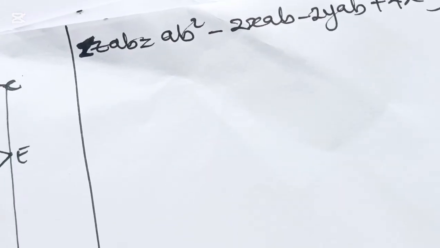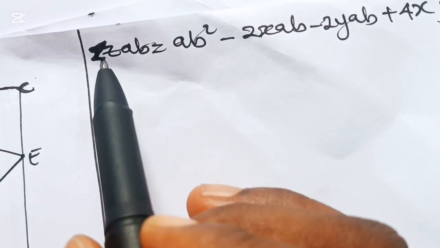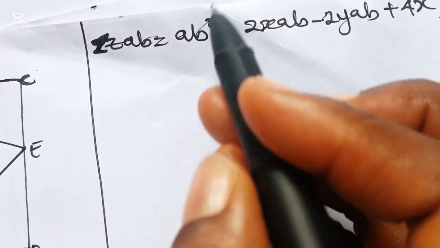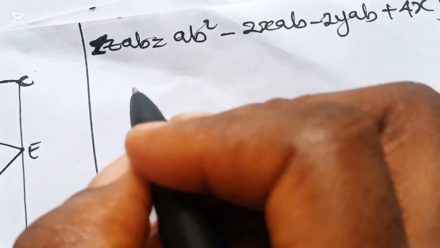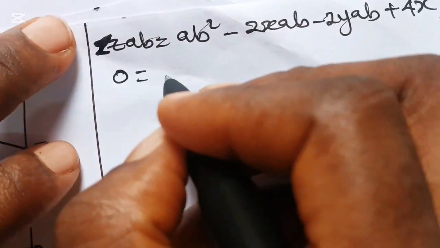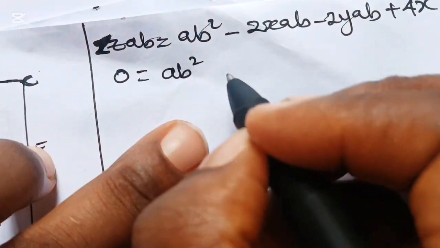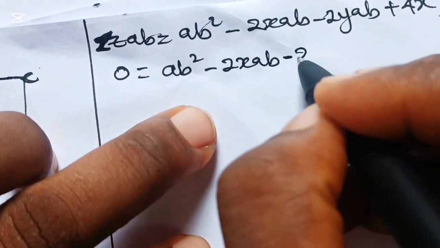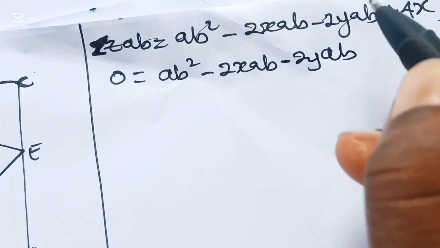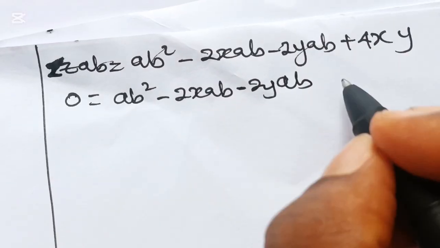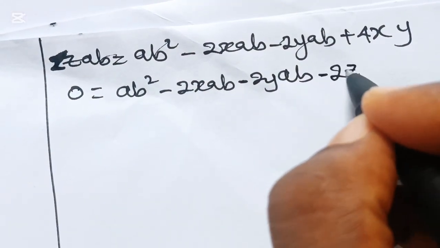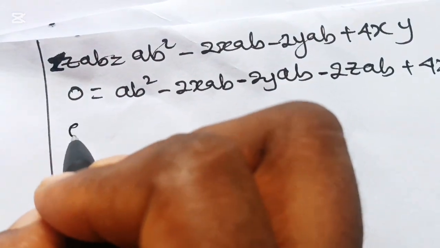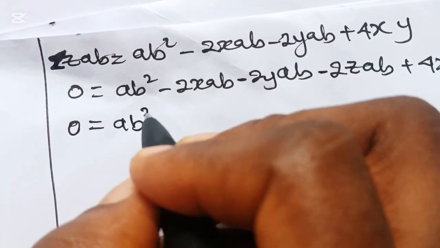Now, if we transfer this to the other side, we have 0 is equal to ab squared minus 2xab minus 2yab, and this is 2zab. Let me bring it here, minus 2zab plus 4xy. So you have 0 is ab squared.